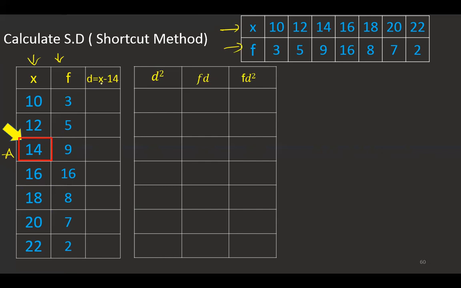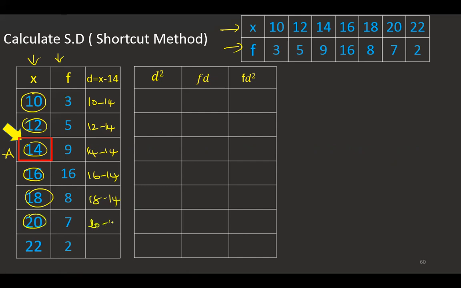So I'm going to find out this column. How to find out this column? 10 is there, that is called X. So 10 minus 14. Similarly, here 12 minus 14. Then 14 minus 14. Then 16 minus 14. These are all the values coming from here. Okay, you should know, right? So now 18 minus 14. Here 20 minus 14.